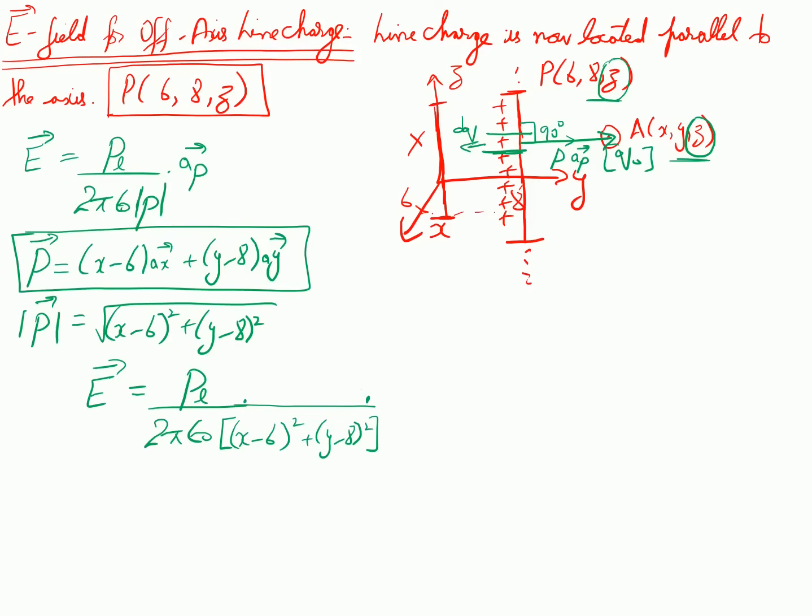and the unit vector in this case is going to be, so I'm going to write the unit vector over here, a_r. If you don't remember, the unit vector in this case is going to be the value of ρ divided by the absolute of ρ, where ρ is our distance vector.